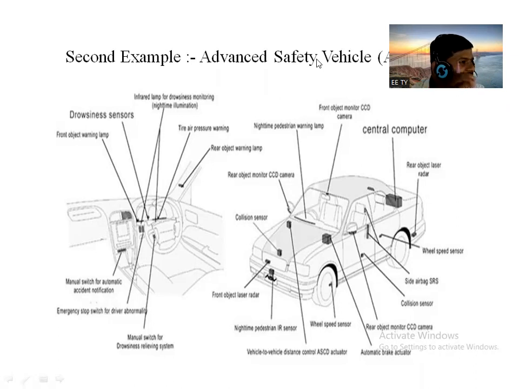That means the name given to that handle is dead man's handle. Dead man's handle means it is always in hand. If it is always in hand, that means the train is running. If the handle is released by that person, unfortunately by sleeping or by death, then the handle is released from the hand, so the train will be stopped, right?